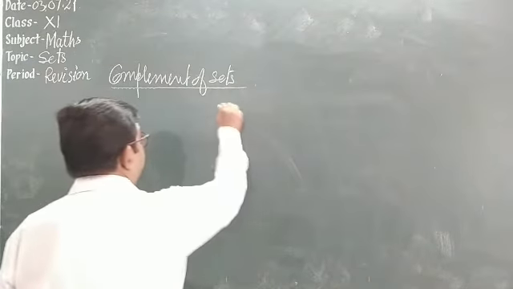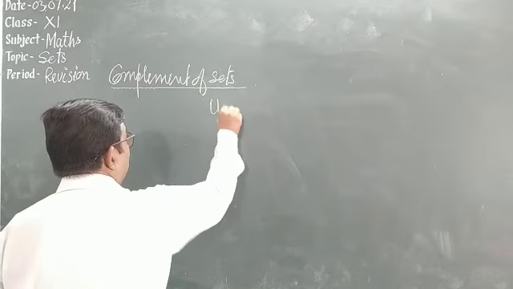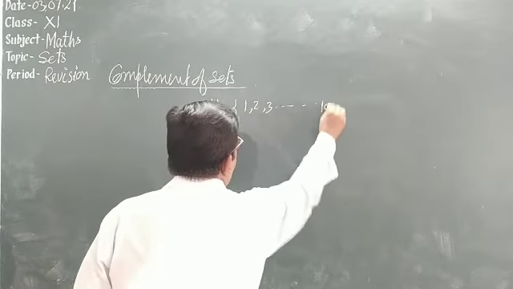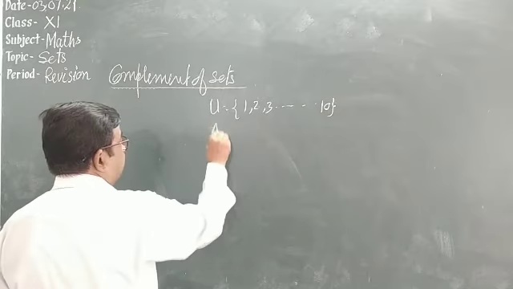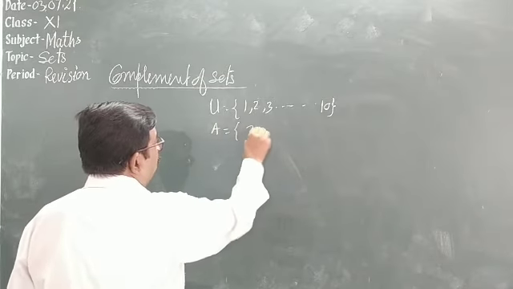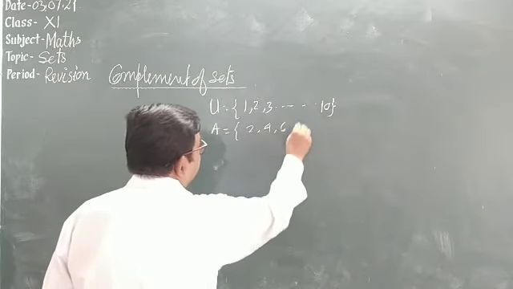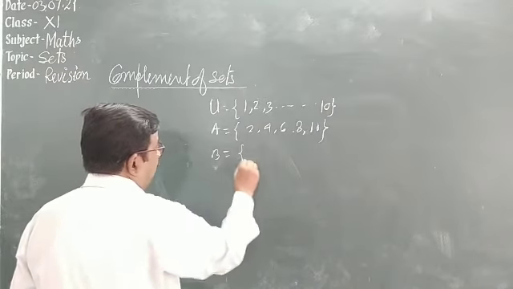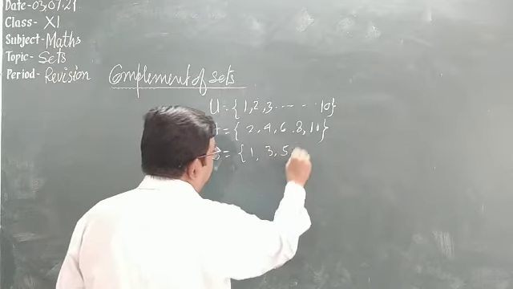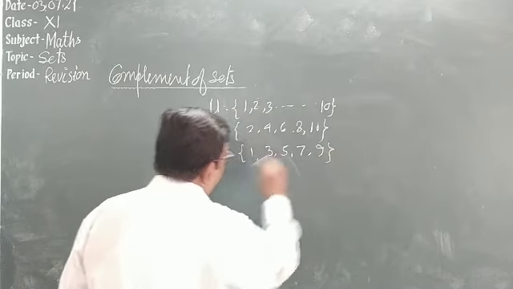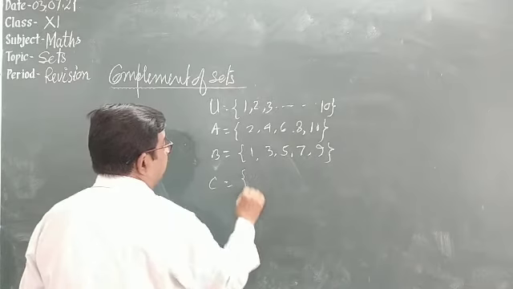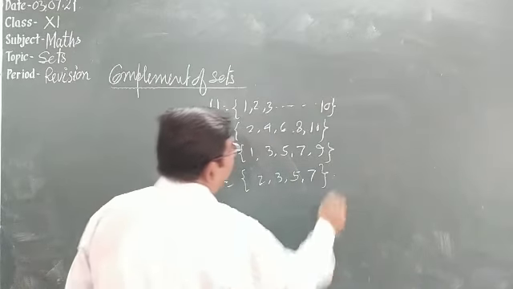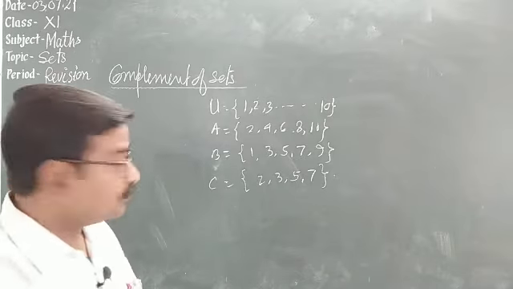Like we have a set U containing 1, 2, 3 to 10. And a set A: 2, 4, 6, 8, 10. We have a set B: 1, 3, 5, 7, 9. We have a set C containing 2, 3, 5, 7 and so on.